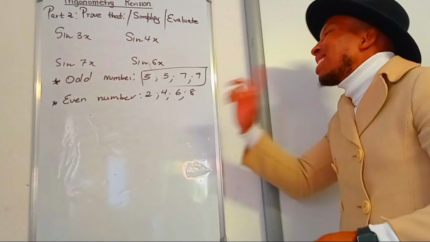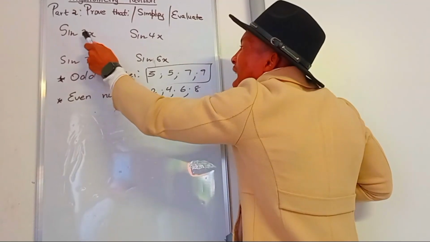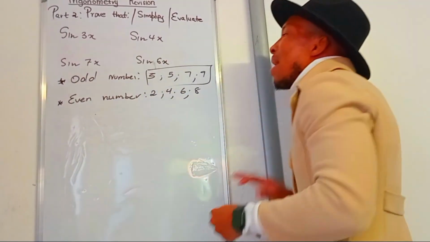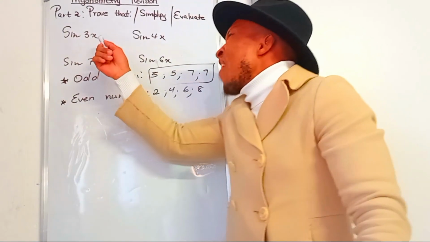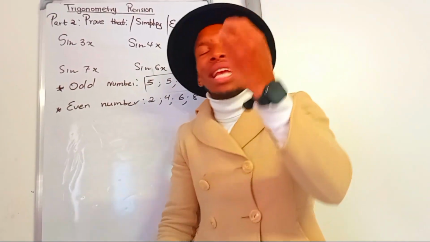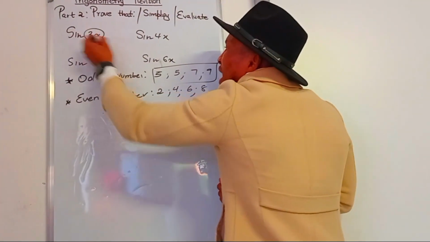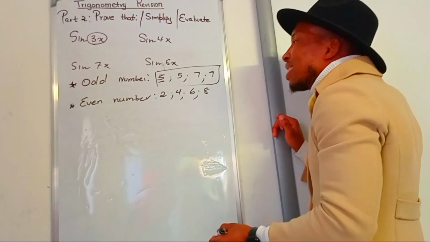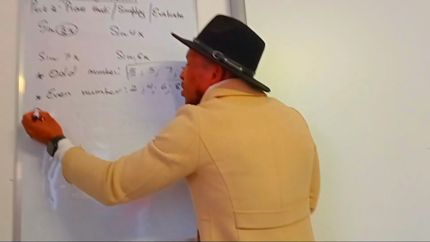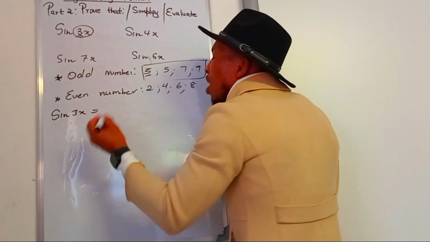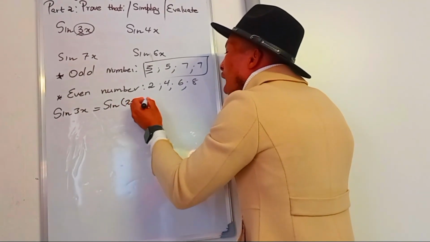Therefore, if an angle is an odd number, they are just asking you for a compound angle. Put it in your mind: if an angle is an odd number, it is a compound angle. For example, do you see this one is 3? 3 is an odd number. So we say 3x equals 2x plus x.